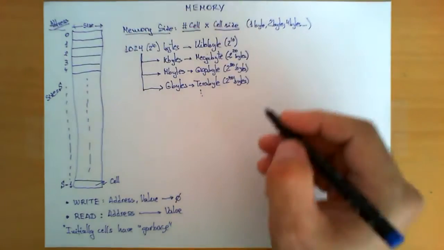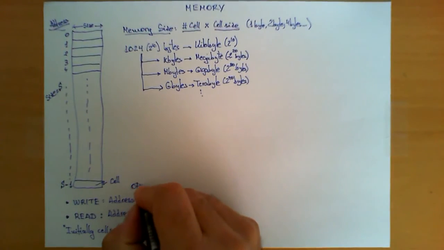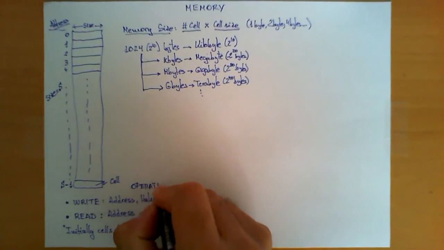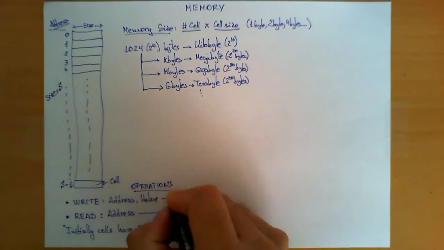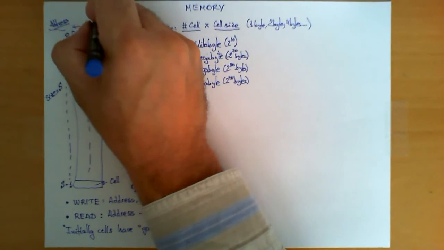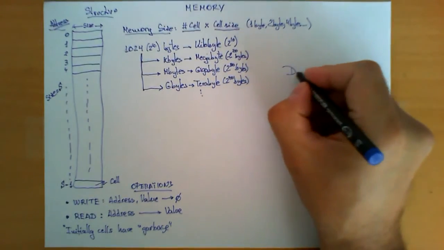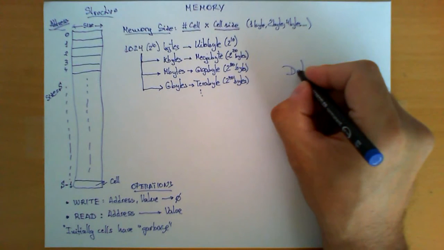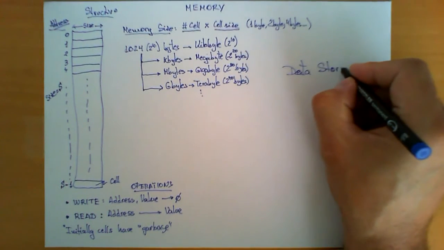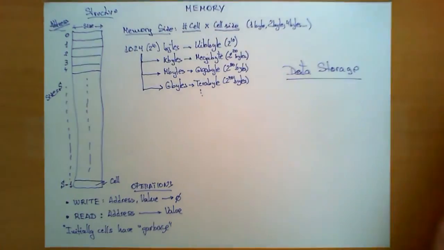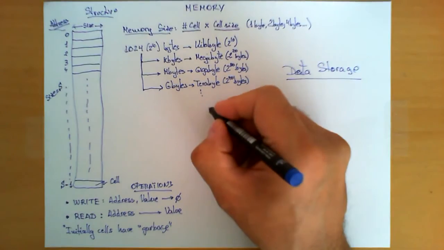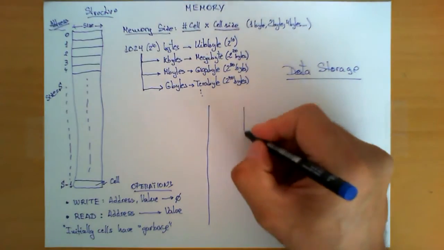Alright, so after we cover memory size, the operations, and the structure, let's talk now about examples. Let's see how we perform data storage. How do we store data in a memory? For that, let's assume I have here just a portion of memory.